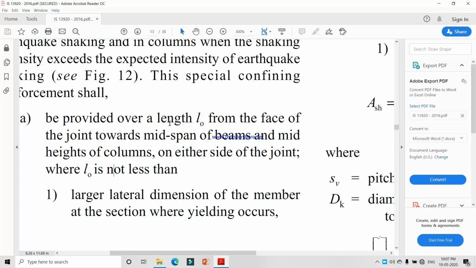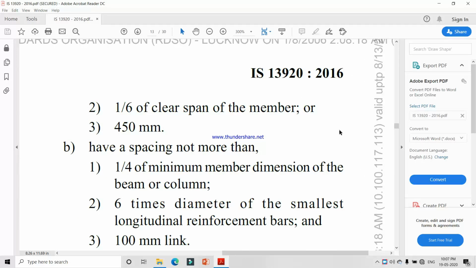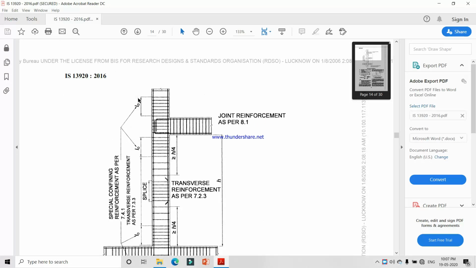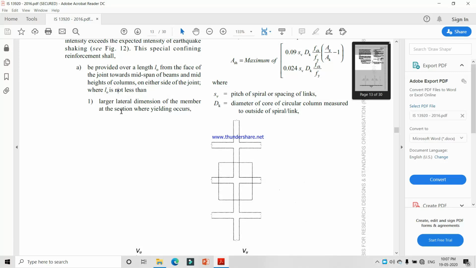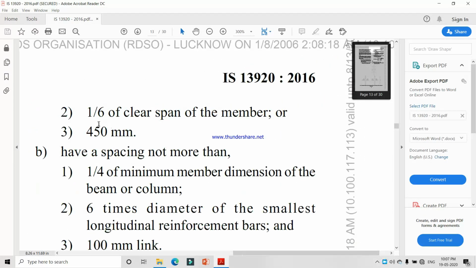L0 is the larger lateral dimension of the member. This is the first criteria. Second is 1/6 of the clear span, and third is 450 mm. This is L0: first the larger lateral dimension, second 1/6 of the span, and third 450 mm.